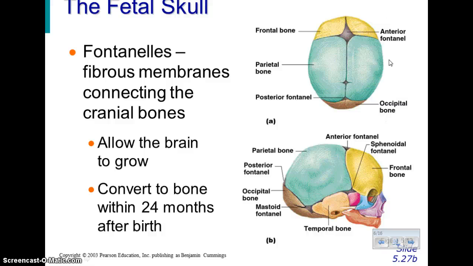In addition, they allow the brain to grow as the child develops. Eventually, when the skull has reached its full size, they will ossify into bone. That process takes about 2 years before the skull is completely ossified.